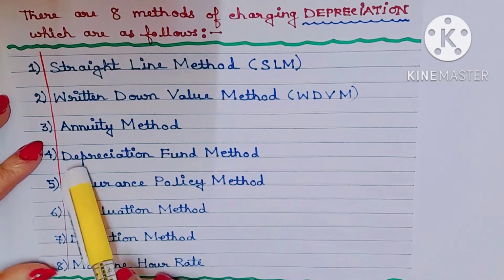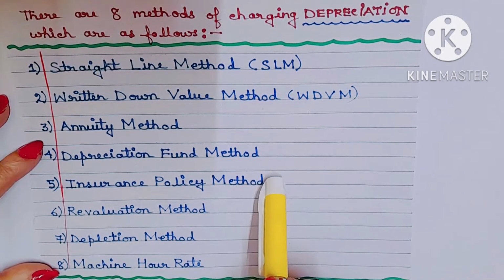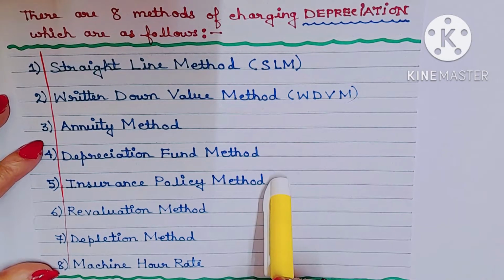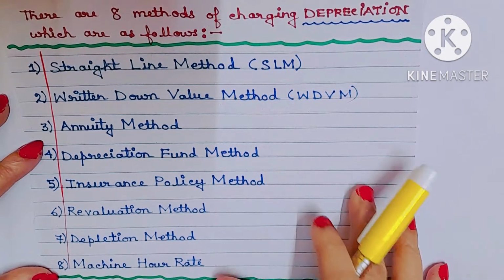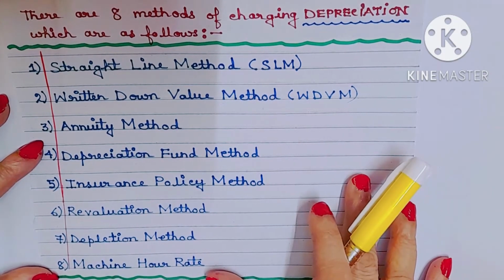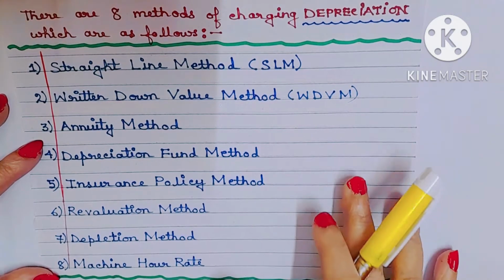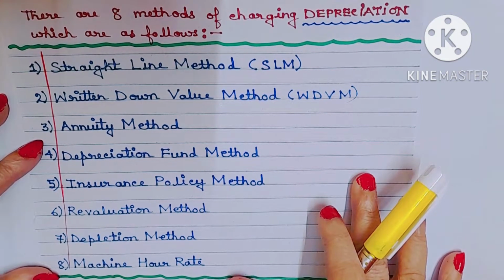Let me tell you. Depreciation fund method is often used for plant of a heavy type and leases. Also wasting assets generally where replacement at the end of their life is desired. Under depreciation fund method, a fixed amount is debited to profit and loss account every year and credited to depreciation fund account.